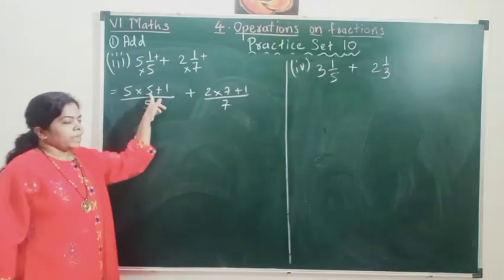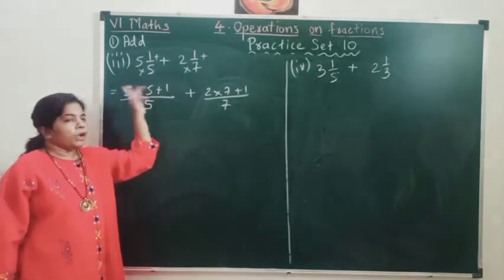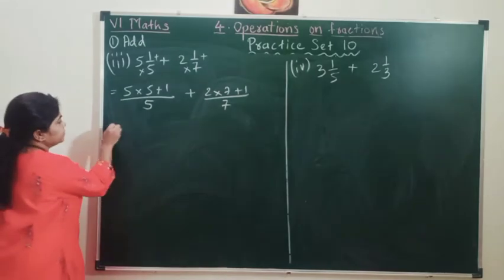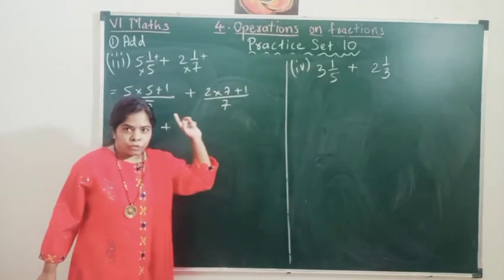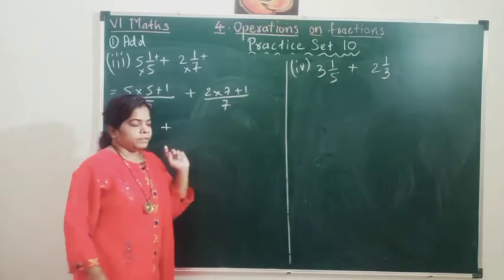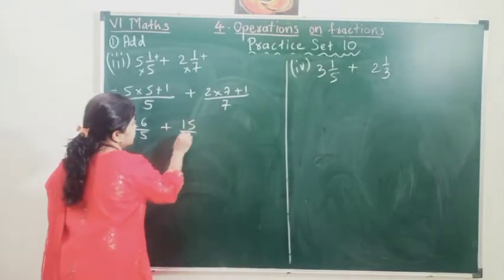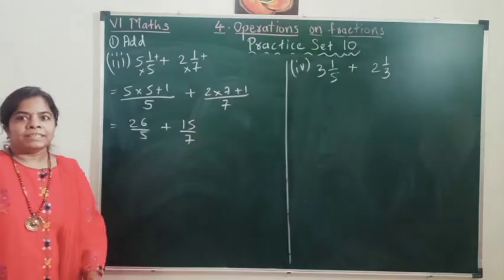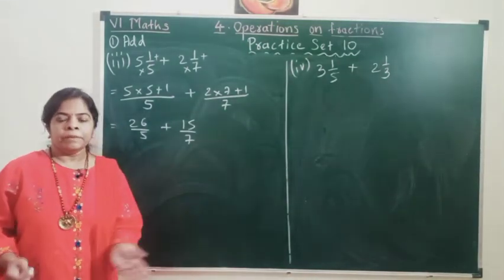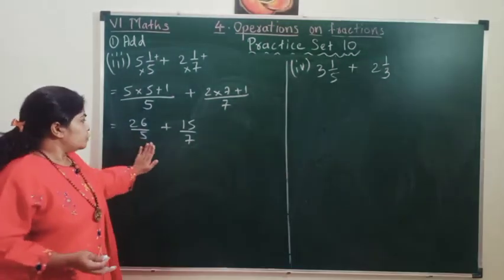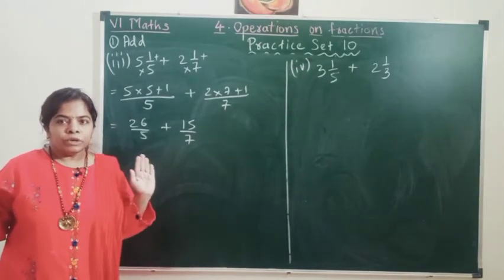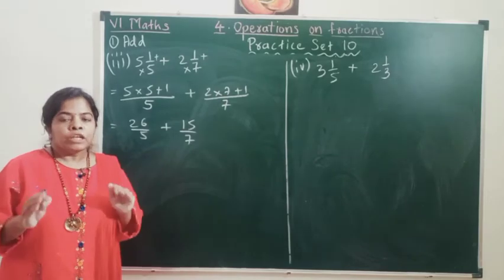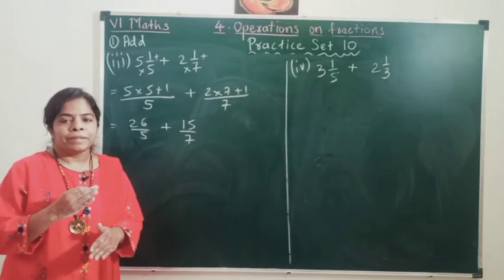Now 5 5s are 25 plus 1, 26. 2 7s are 14 plus 1, 15. Now children, we can see the fraction very clearly that both the denominators 5 and 7, they don't come in each other's table. They don't come in any common table.